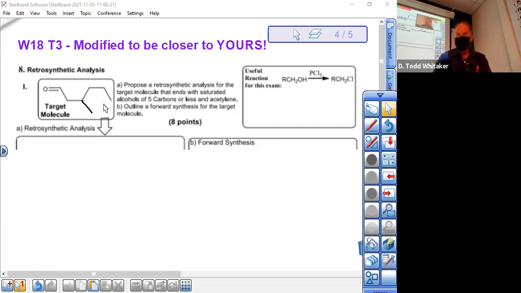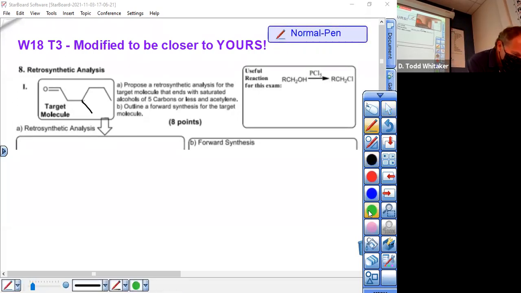You see an aldehyde. There's only one way we learned how to make an aldehyde so far in synthesis, and it's using terminal alkynes. So please tell me you know this came from a terminal alkyne. The two carbons at the end used to be a terminal alkyne. 1, 2, 3, 4, 5, 6.